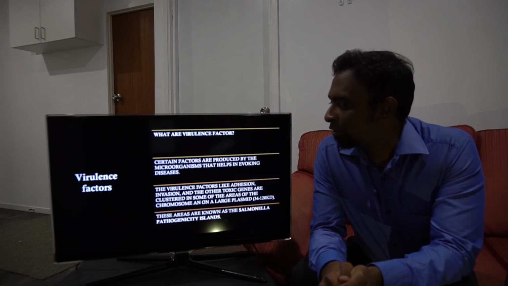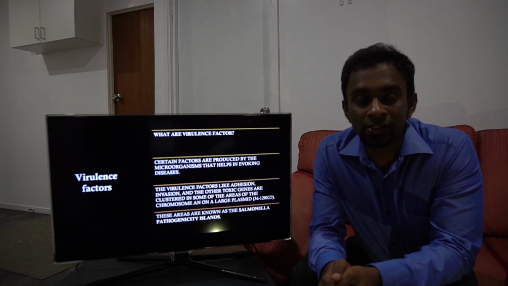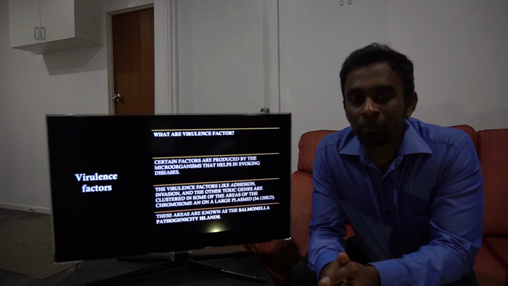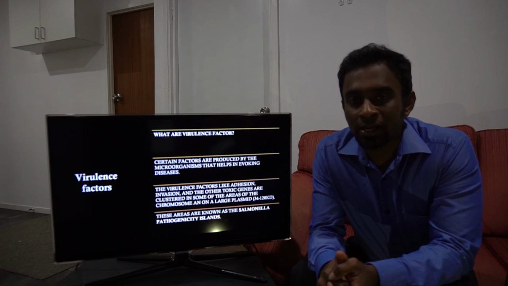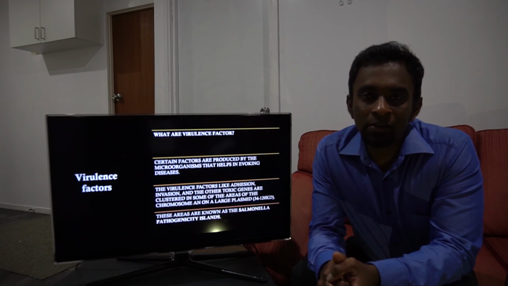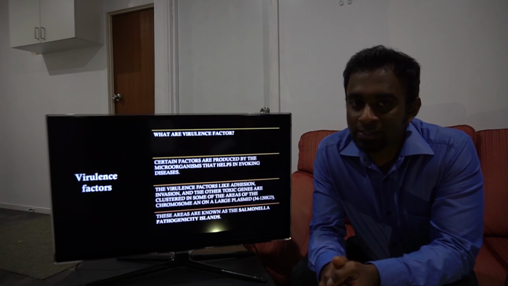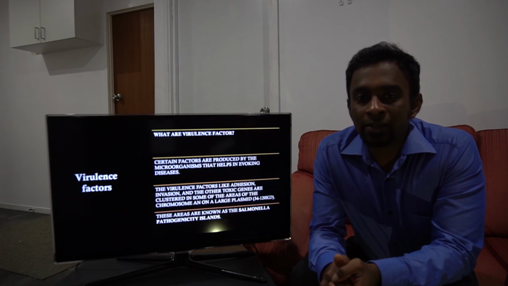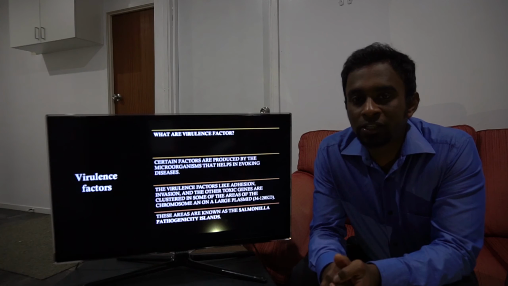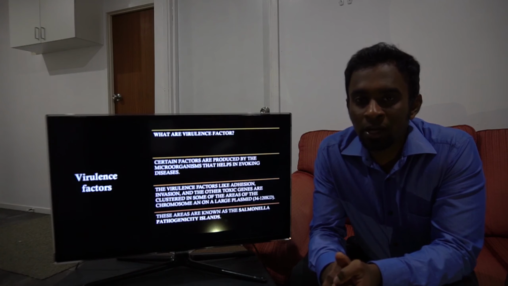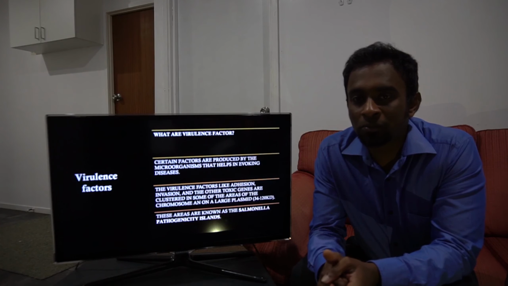What are the virulence factors? Certain factors are produced by the microorganism that help in evoking disease. The virulence factors like adhesion, invasion, and other toxic genes cluster in some areas of the chromosome and on a large plasmid.